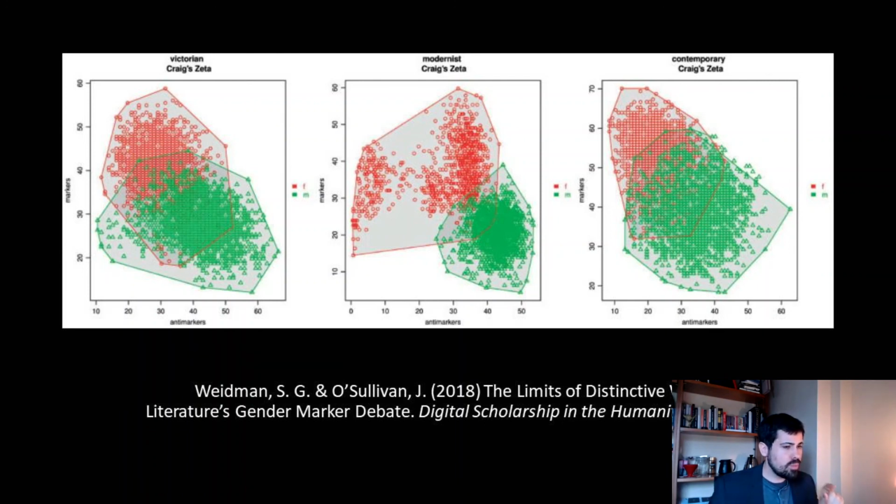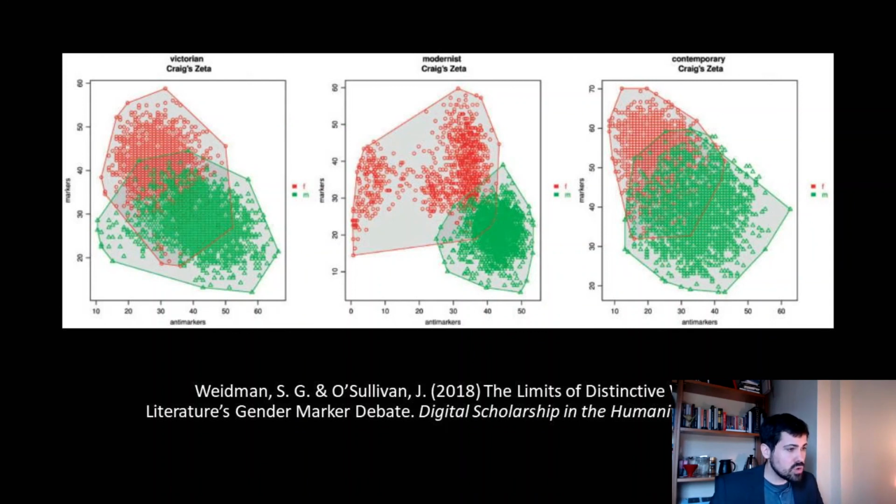And the closer the points are on these plots, the more similar the word choice, okay? So densely packed clusters of points basically represent male or female authors using similar words. The closer the words, the less distinct the range of vocabulary, if that makes sense, yeah?